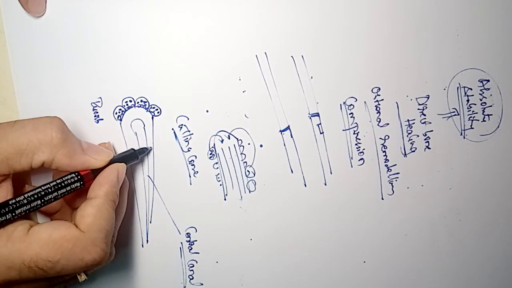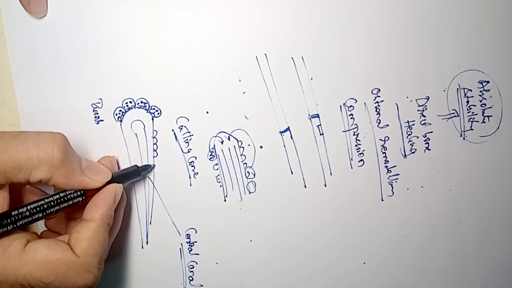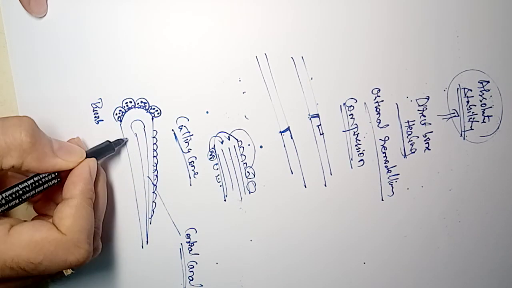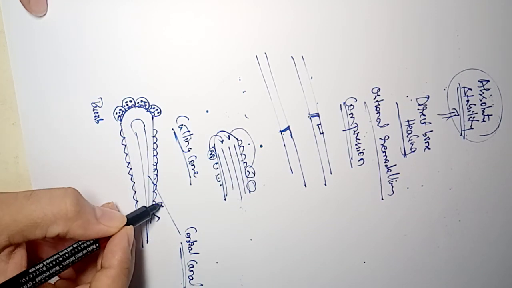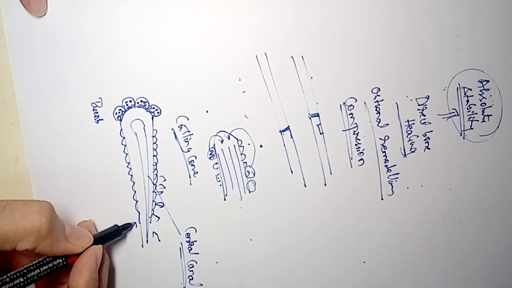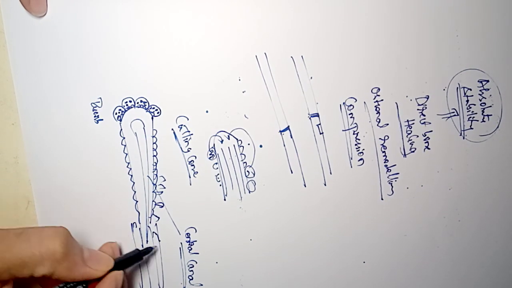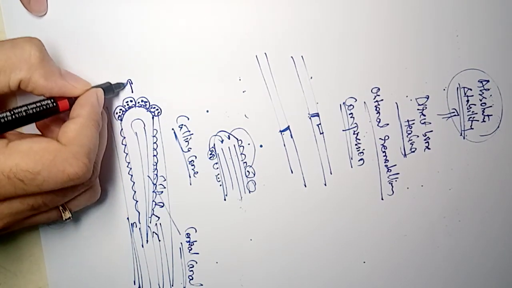You have surrounding osteoblasts which lay their osteoid, and eventually that will get mineralized to form the Haversian system. So this is how it goes.